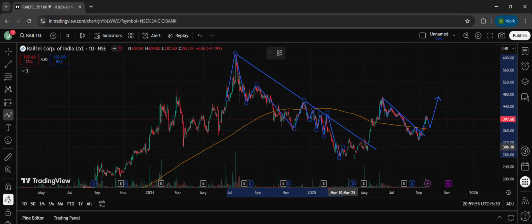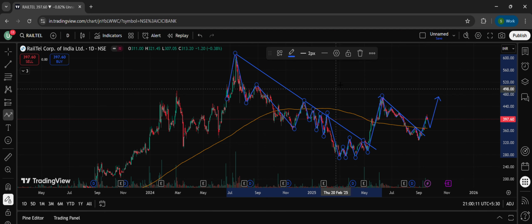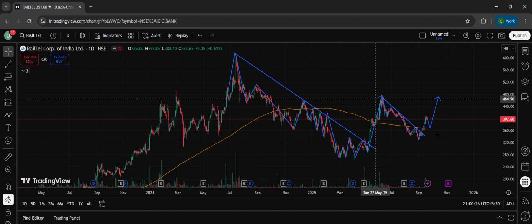Once it bottoms out, you see this high, which is higher than the previous high. That means the stock is slowly making a turn, and now it has crossed that trend line. That is how it makes a turn. In a bearish phase it makes lower highs, and in a bullish phase it makes higher highs. That is the significance of lower highs and higher highs.